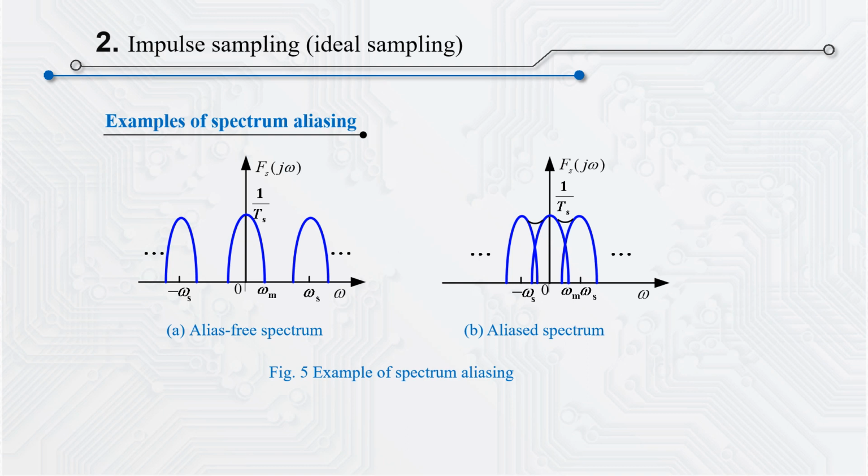The spectrum of the sample signal is shown in Figure A. However, once omega s is less than 2 omega m, spectrum aliasing may occur, as shown in Figure B. Obviously, its spectrum is not the same as Figure A. Here the spectrum obviously overlaps. For the spectrum with aliasing, it's difficult to recover its original signal with a low-pass filter. These waveforms can be simulated by software.